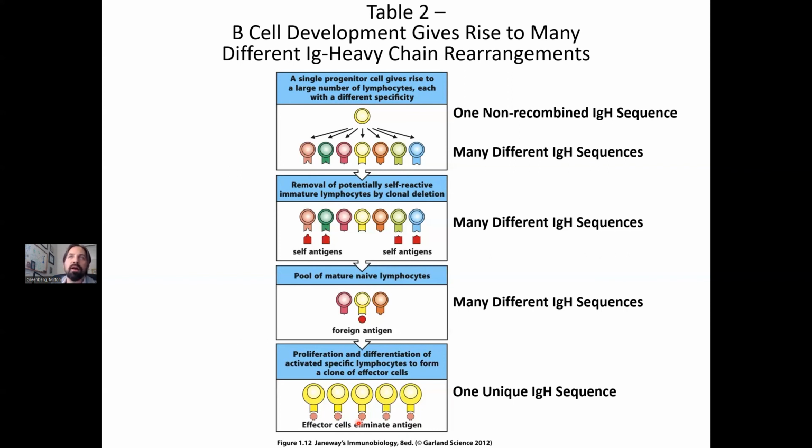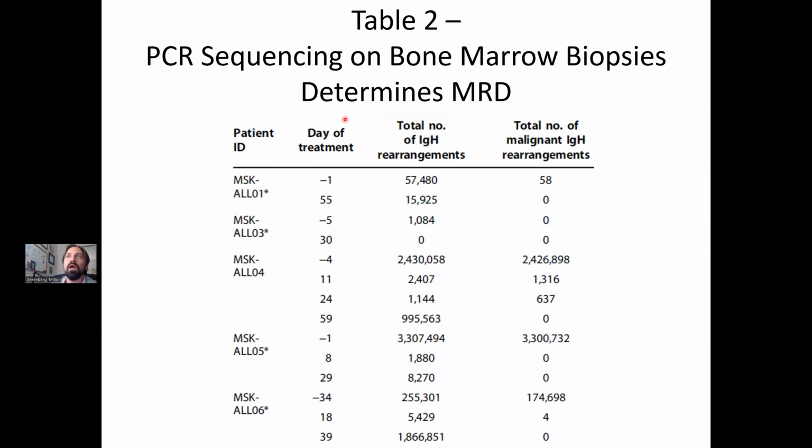These cells are cancer. So here, we look at the total number of unique IgH rearrangements detected by the deep sequencing, the PCR sequencing on the bone marrow biopsies. This is our sensitive technique that can help us determine minimal residual disease.